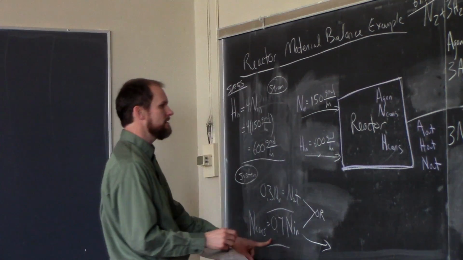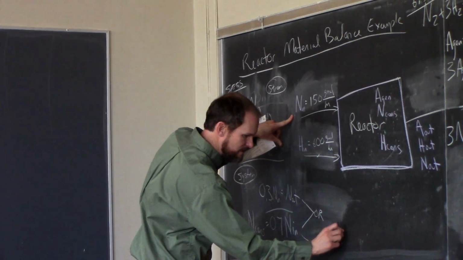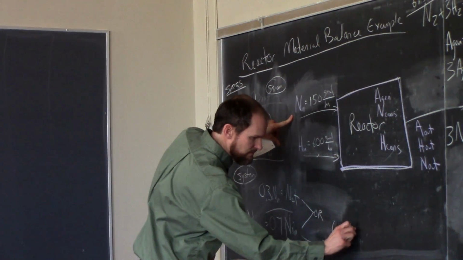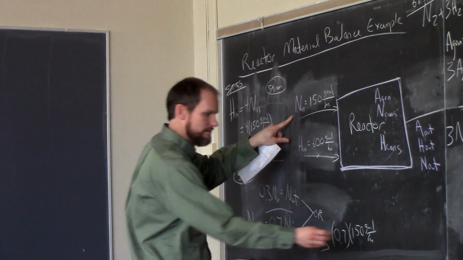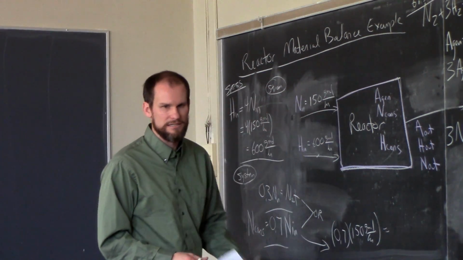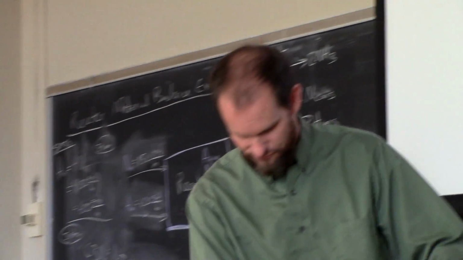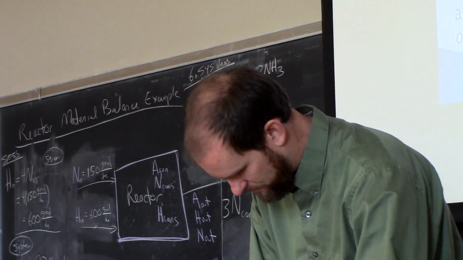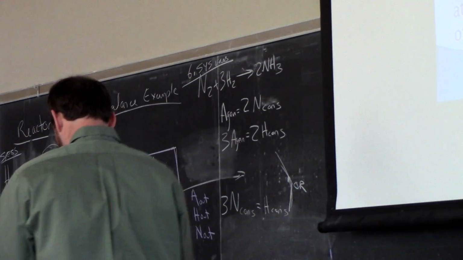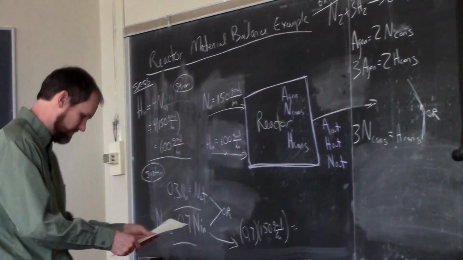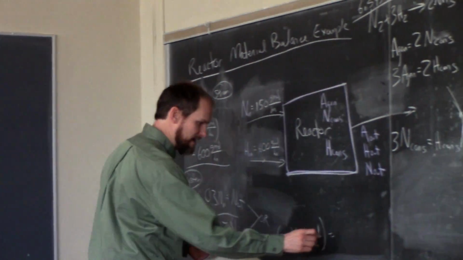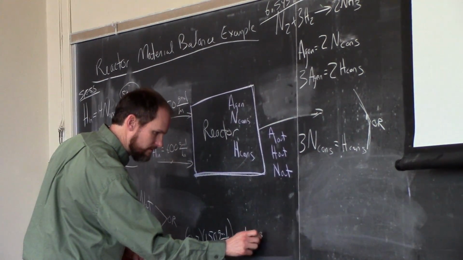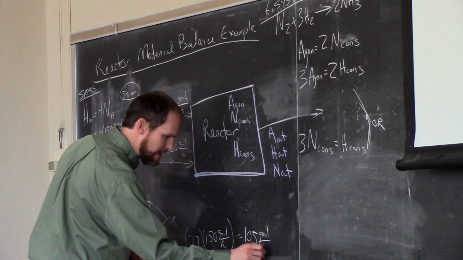So N in is 150, so 0.7 times 150 is 105 gram moles per hour.